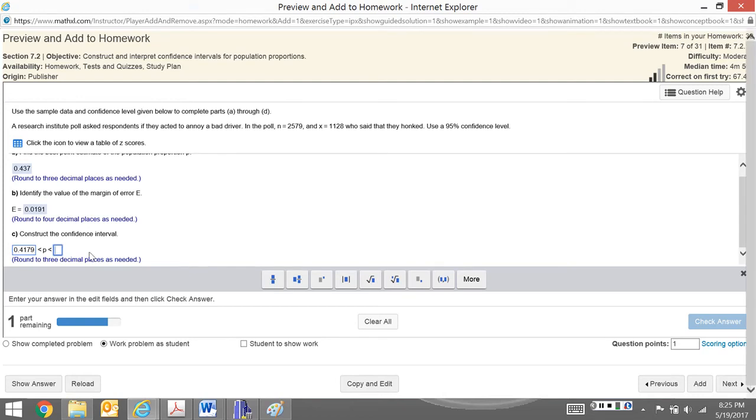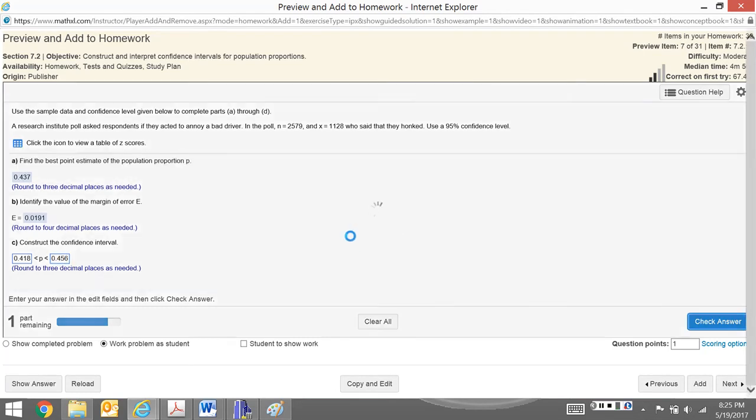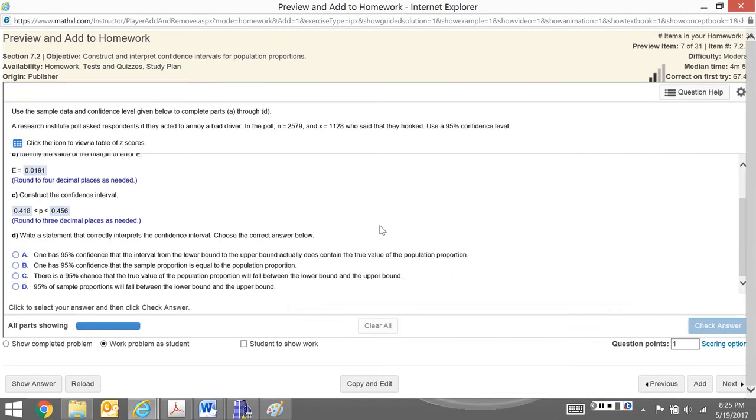Oh, no. I just said 3 and I was talking. That's an 8 then. Oh, now it doesn't want to put in. Okay. And then I have 0.456. Let's check the answer. Okay, so we're doing pretty good. We've got a confidence interval.